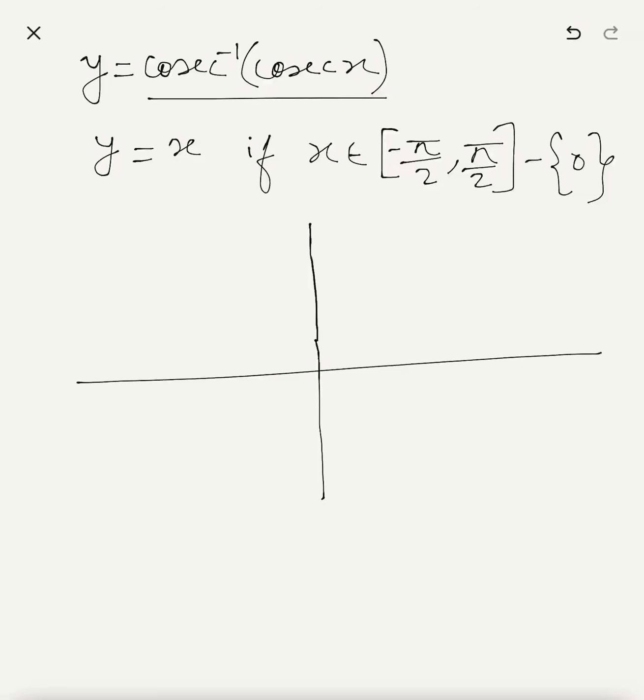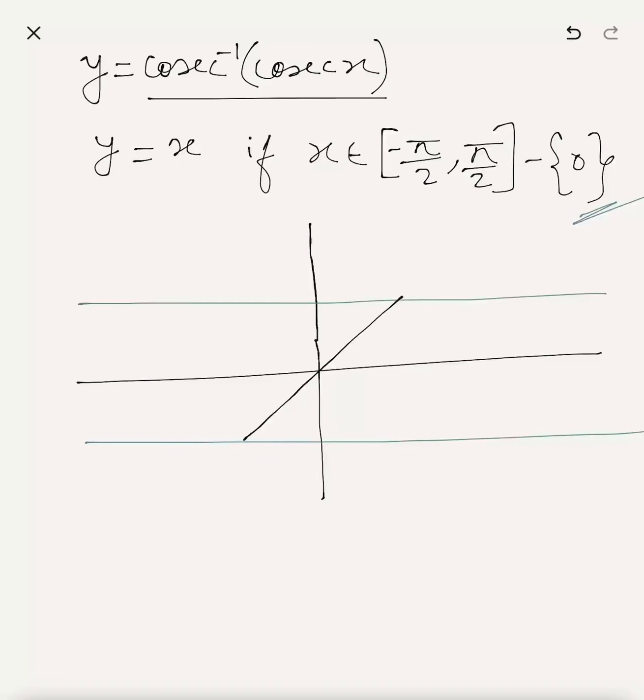Your boundary is this, minus pi by 2 to pi by 2. Minus 0 means your 0 should be excluded from the boundary. Draw the graph of sine inverse of sin x. I hope you remember how I have drawn.